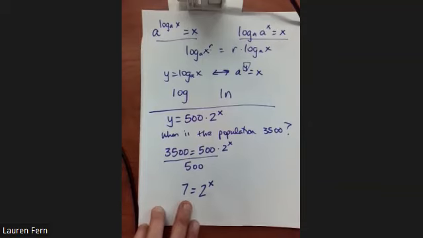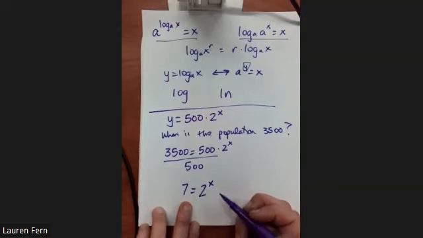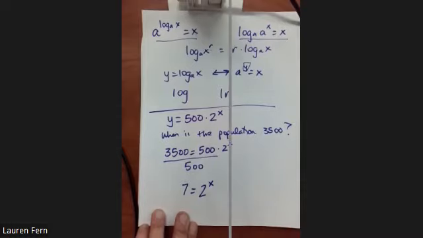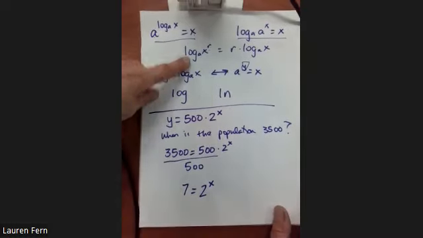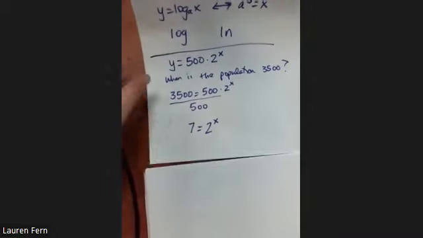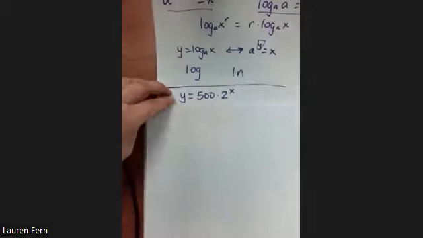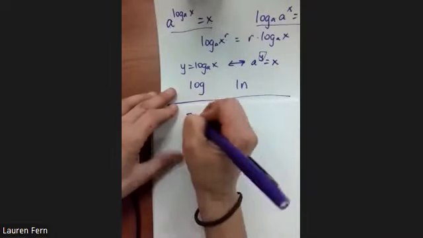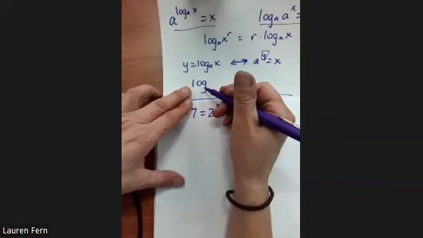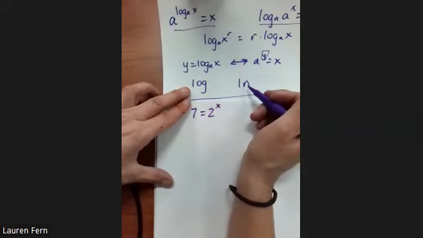What you're going to do is, my exponent is the unknown. So when your exponent is unknown, take the log. And then we're going to use this property. So check this out. You ready for coolness? Okay, so I have 7 is equal to 2 to the x. It doesn't matter whether you use the common log or natural log.